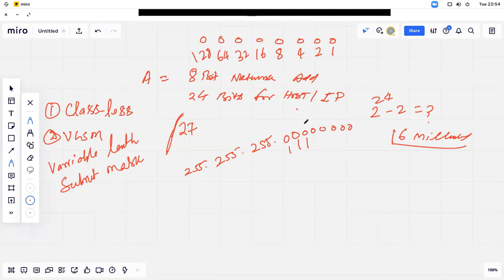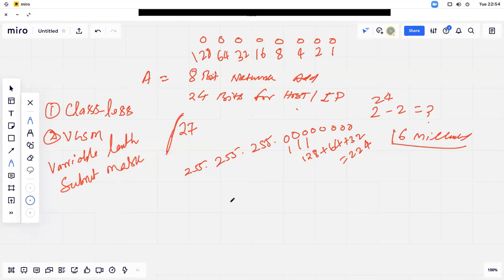We have taken 3 bits from the left, so our values start from the left: 128 plus 64 plus 32. How much will it become? 128 plus 64 is 192, and 192 plus 32 is equal to 224. Now the value of these 3 bits that we have borrowed from the next octet is 224.